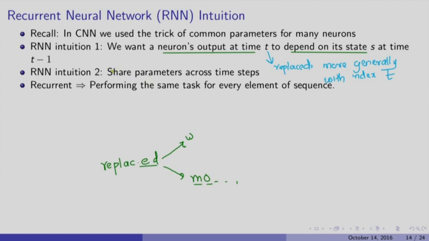So share parameters across time steps, and that basically means the O that gets predicted after seeing an M is based on the same kind of model, same parameters that predict an E after having seen a C or a D, and so on.